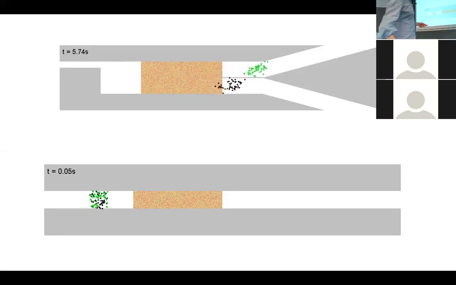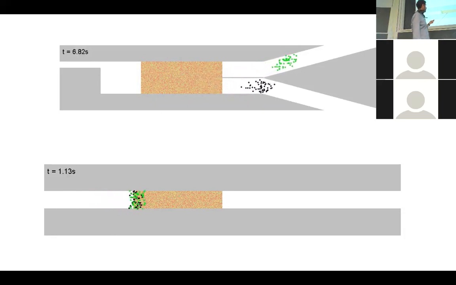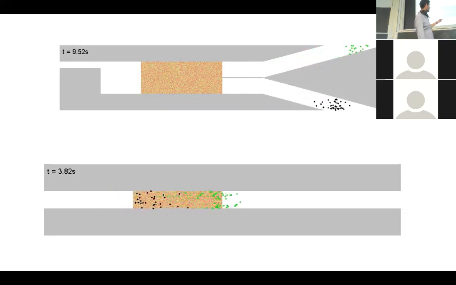Another similar idea is a speckle field that is tuned in a way that it can trap the black type of particles that have a different refractive index than the green ones. It is designed so that once in a while the green ones also get trapped, but if you have a long enough speckle field, they will totally separate from one another.